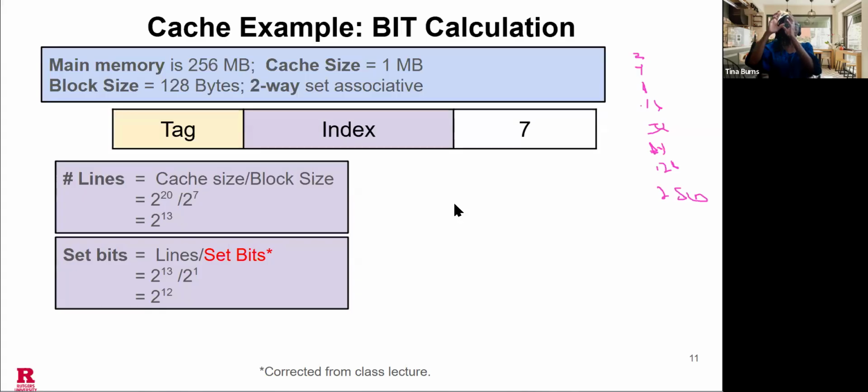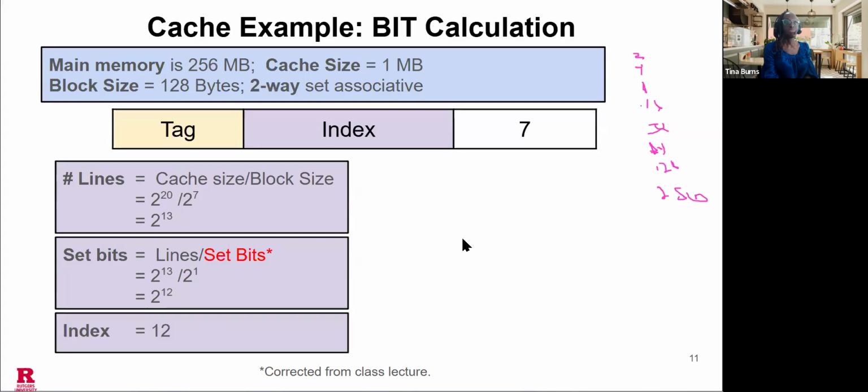It's two-way, so each cache set has 2 lines in it. All right, now that I know it has 2 lines, how many bits do I need to represent this? So I take my total number of lines that I have, and then I basically divide that by my set bits, and that's how I get a value of 12. So there's a total of 12 bits that are needed to represent all of the sets that are in this particular cache.